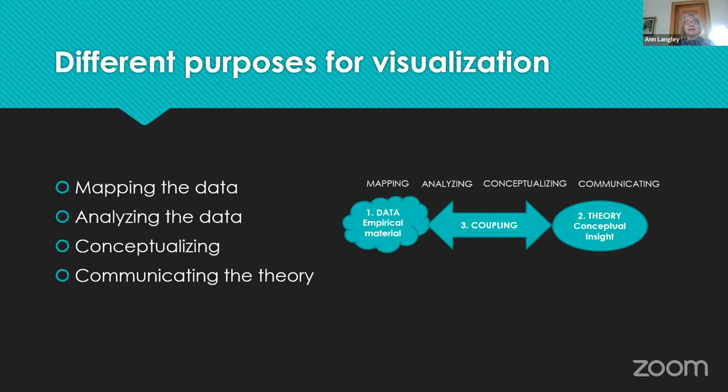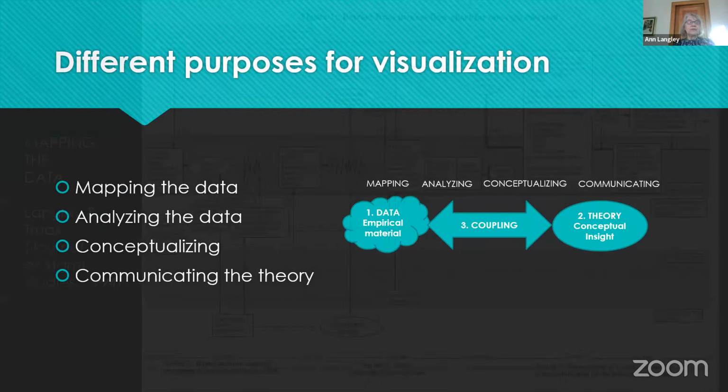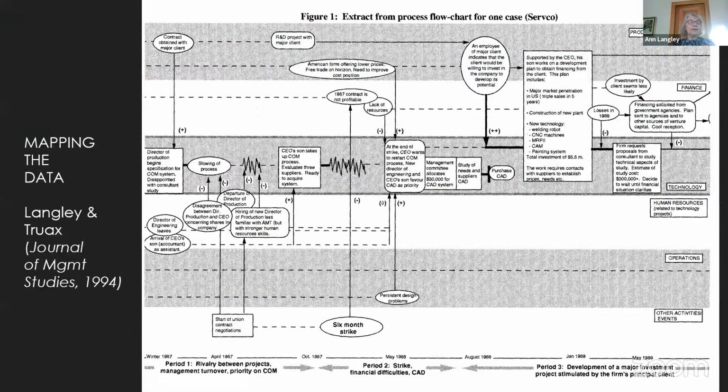And this is an example that I put in a very old paper that I wrote with a student. It's a flow chart, and we were actually mapping the data. It was a technology adoption process. We classified events according to different domains of the company. So from top to bottom, they're different domains of the company.